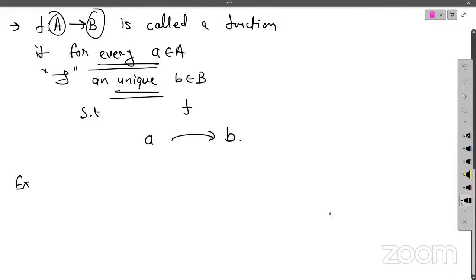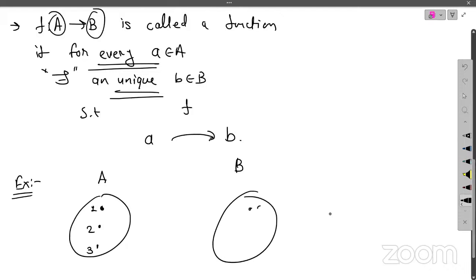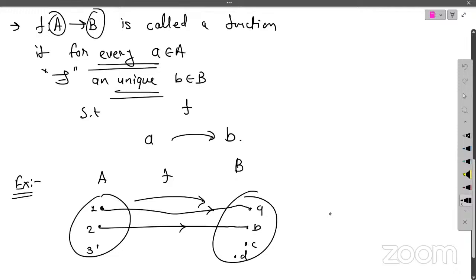For example, if I give you one correspondence with a finite set, suppose this is your set A and it has three elements, let's say 1, 2, 3. Another set is B and it has four elements, a, b, c, d. If I give you a machine or a map f from A to B in such a way that f sends 1 to a, 2 to b, and 3 to c, then this map follows my two rules, because every element of A can be taken as an input.